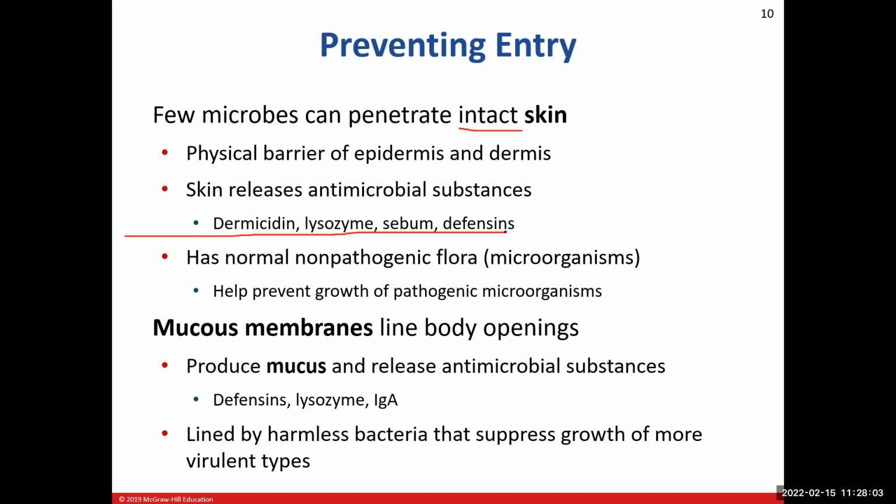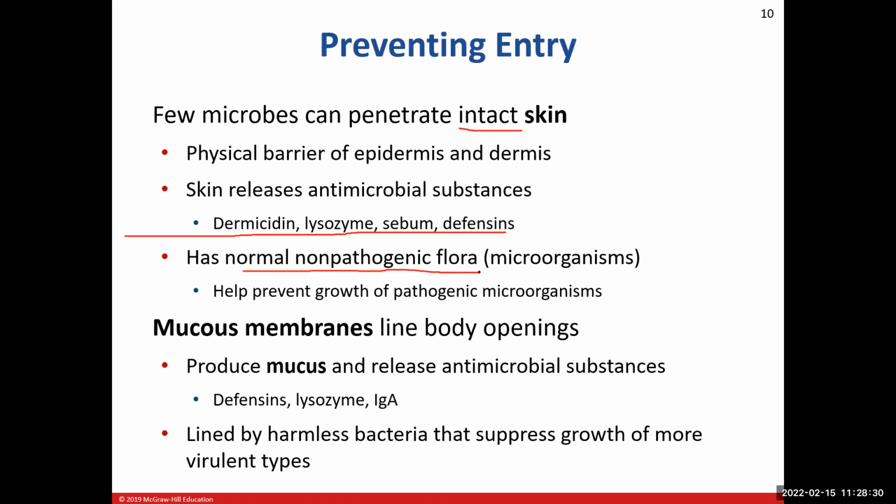And so all of those antimicrobial substances listed there help to keep in check your microbe population on your skin. Because let's face it, there are tons of bacteria that live on your skin, and we refer to them as our normal non-pathogenic flora. And they just hang out there.